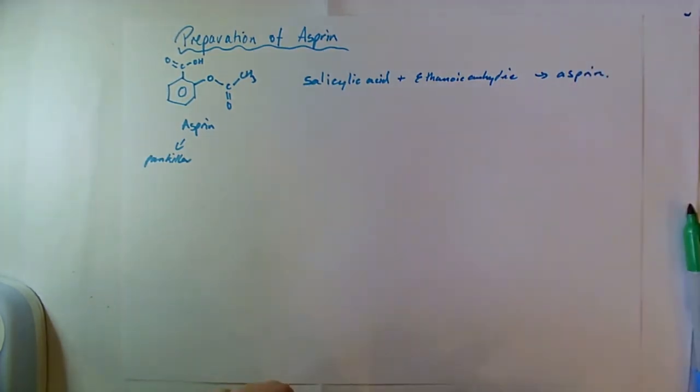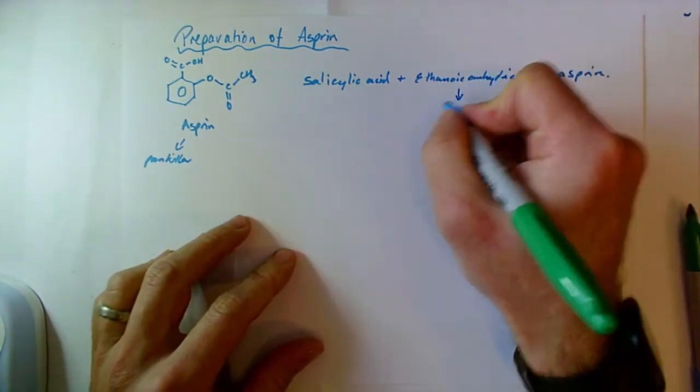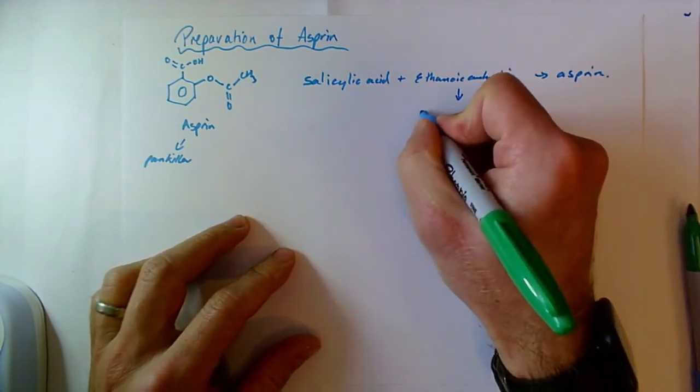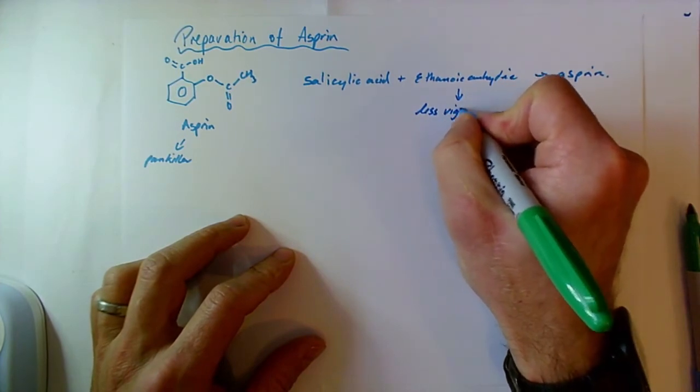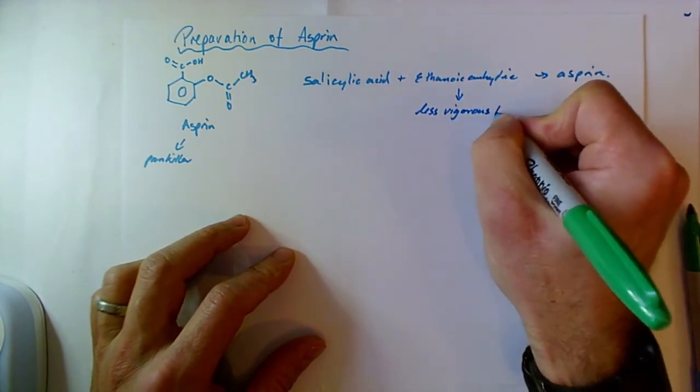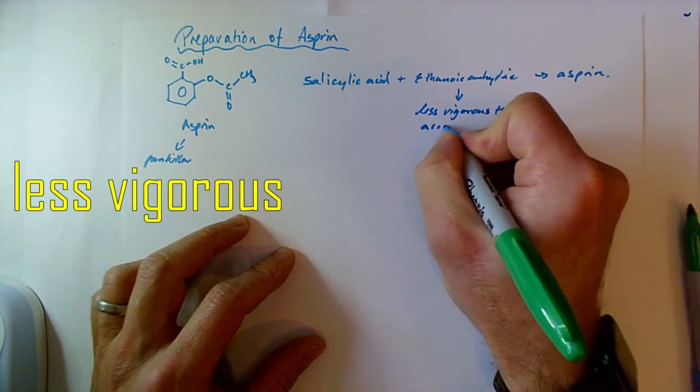But why don't we use an acid chloride, I hear you ask? We would get the same product, and it would happen quicker. But the anhydride is nicer and safer to handle. It's a less vigorous reaction than an acid chloride.